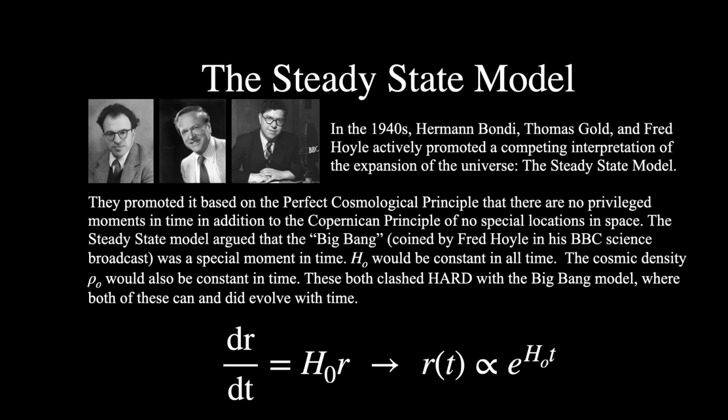They promoted it based off of the perfect cosmological principle that says not only are there no privileged places in space, why should there be privileged places in time, privileged moments in time? So the Copernican principle, which is no place is special in space, added to no time special in time, leads us to the steady state model.